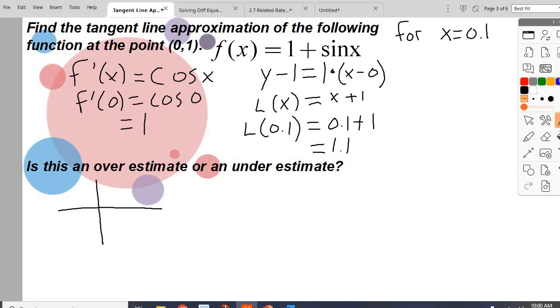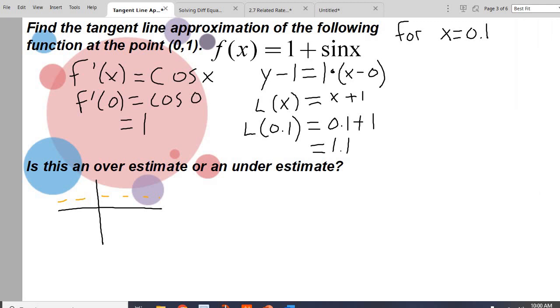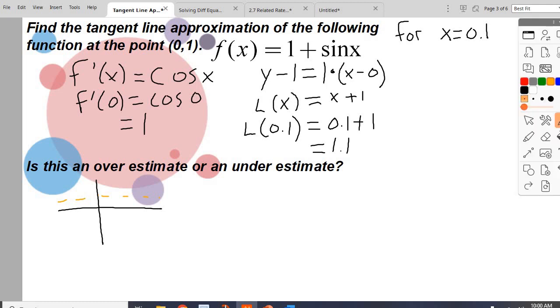It's a wave, and it's been shifted up by 1. Normally our sine graph starts at 0, and it goes up first. So something like that.